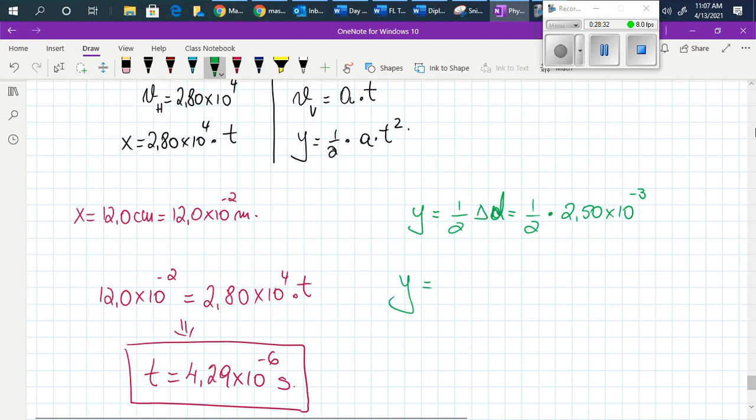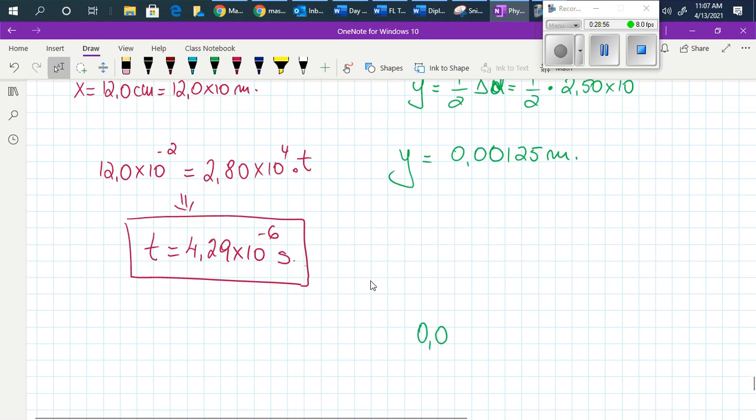So y will be 0.5 times 2.5 times 10 to the power of negative 3, which is 0.00125 meters. So let's take that value, and knowing the time, we can find acceleration.